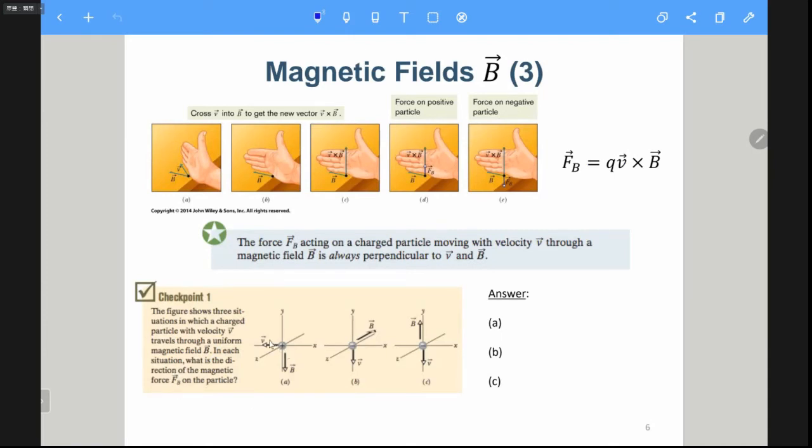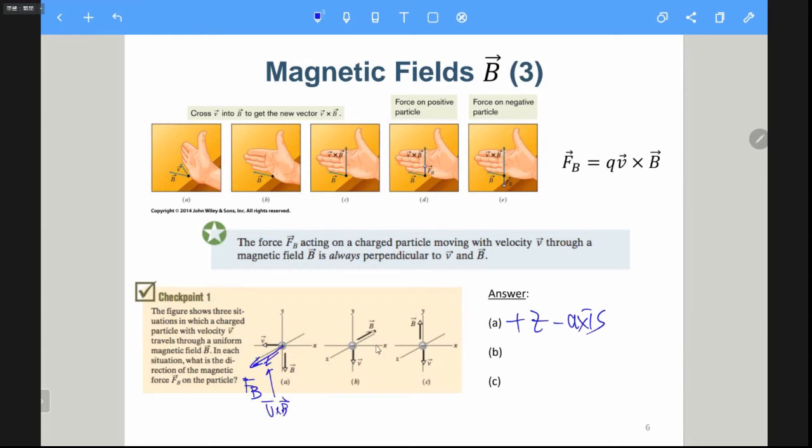For part A, V cross B: you use your forefinger pointing to the left side and then cross to the negative y axis. Then your thumb will point to the Z axis, and this is a positive charge. So FB also points to the positive Z axis, like this, FB. Also V cross B.